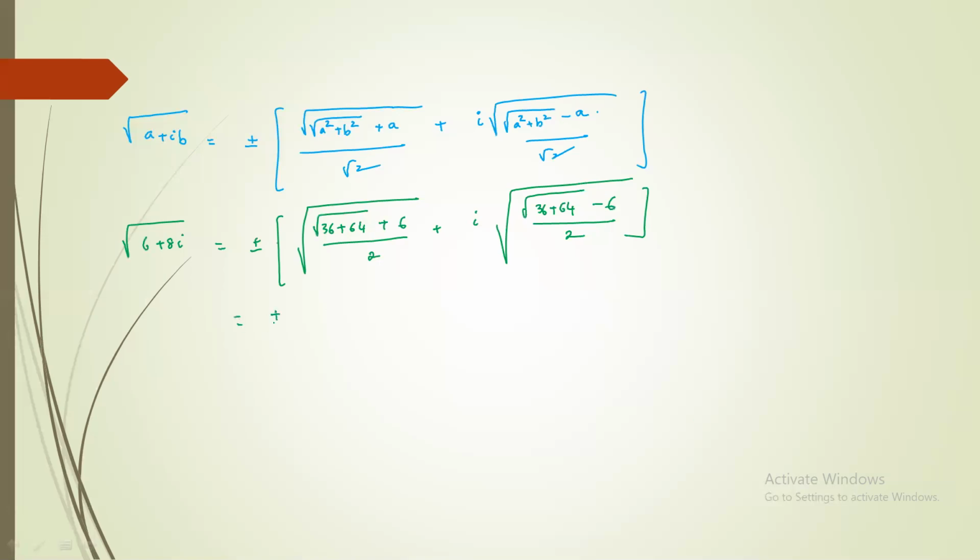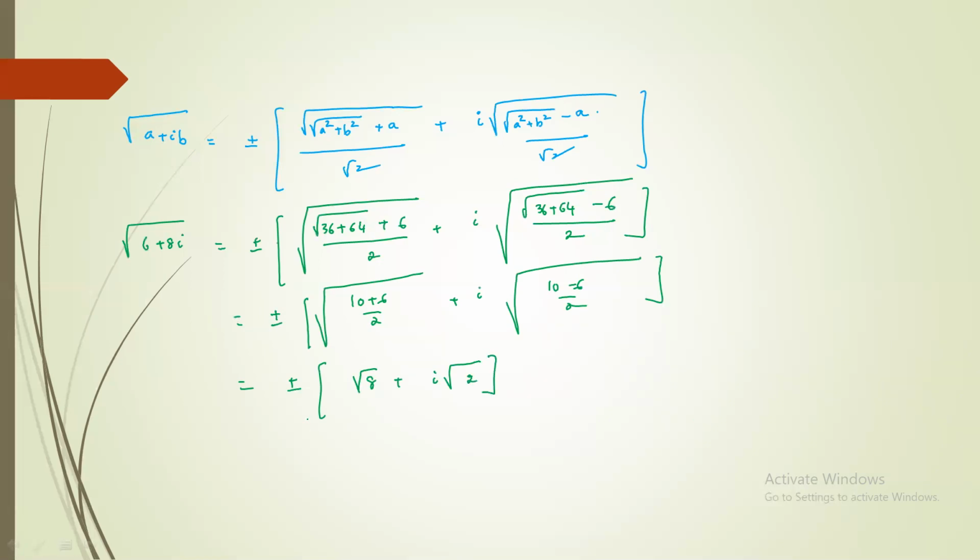If you remember the formula, quickly we can do. So you have square root of 100 is 10 plus 6 by 2, plus i square root of 100 is 10 minus 6 by 2. That is plus or minus 16 by 2 square root of 8, plus i square root of 4 by 2, that is 2. In this way, you got the square root very easily, isn't it?